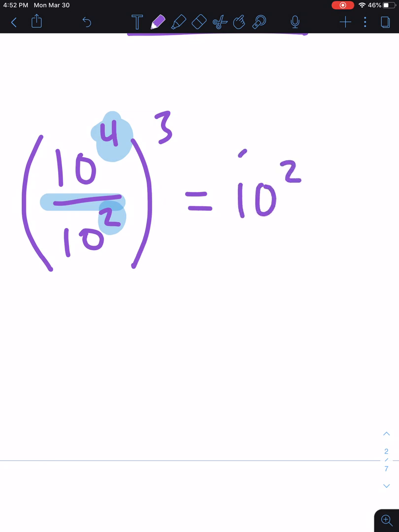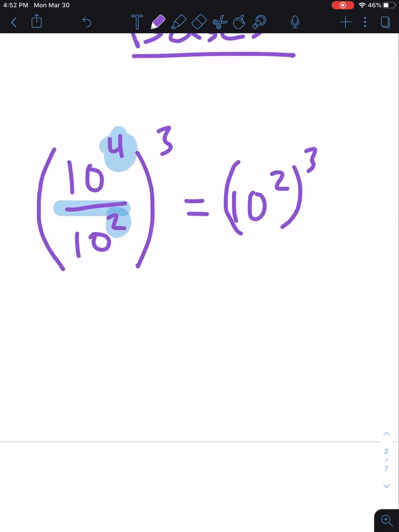Now we still have to do all that to the power of 3, so we're going to use our power rule, because we've got parentheses and a 2 inside the parentheses and a 3 outside. So we multiply those exponents to get 10 to the 6th power, and that is our answer.